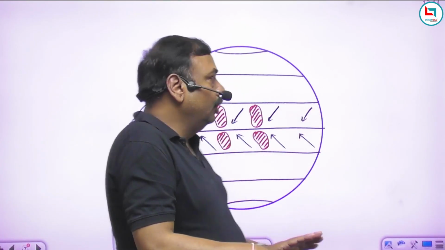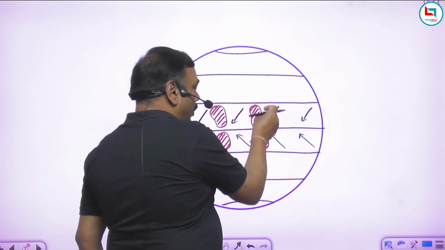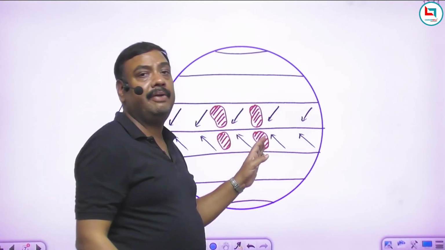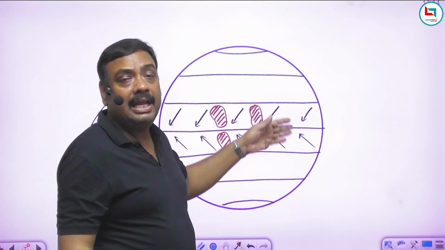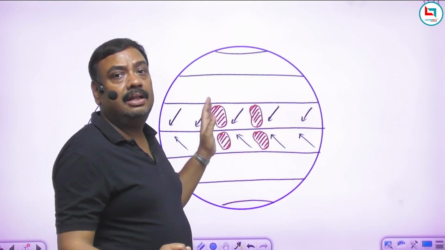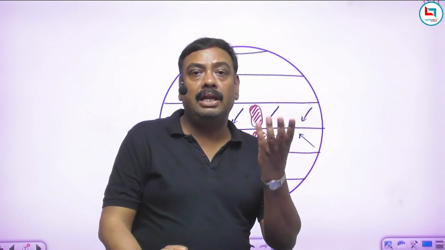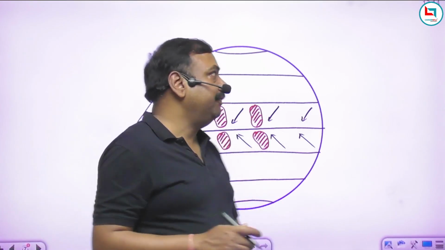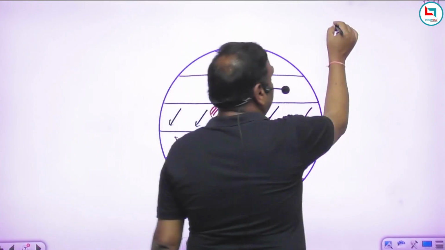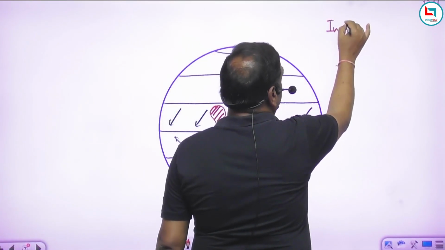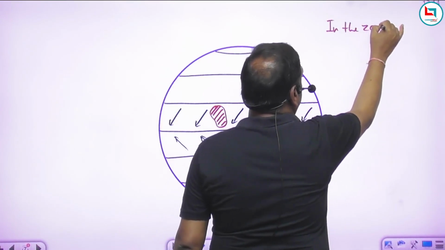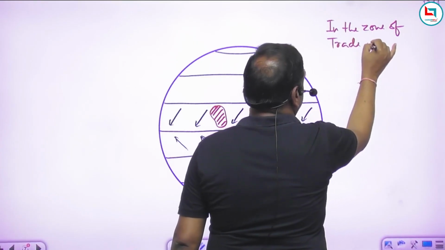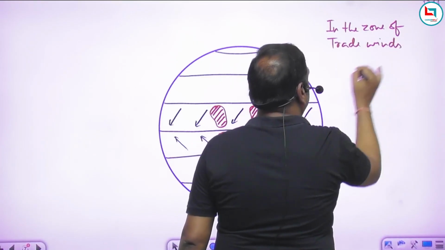Got it? So here we have the warm ocean water due to piling up of water. Here we have the cold ocean surface water due to the dragging away of the warm surface water and upwelling of the cold subsurface water. So in the zone of trade winds, I am writing here, two cases we will see.